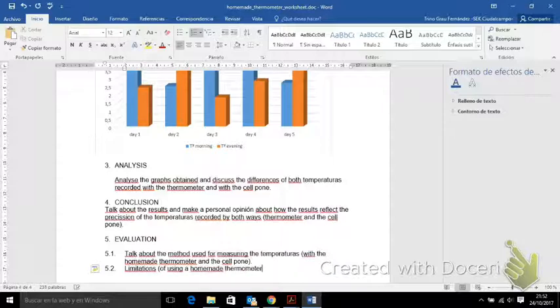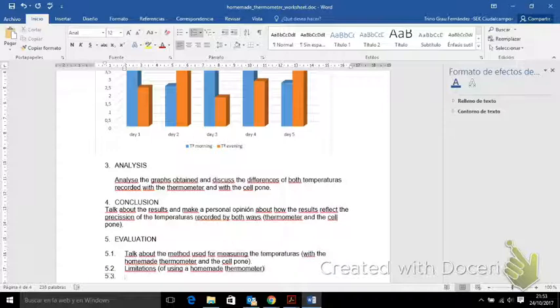So here you can talk about what we said in class about the range of temperatures that we can measure with the homemade thermometer. We can only measure from 0 to 20. We cannot measure more than 20 degrees.